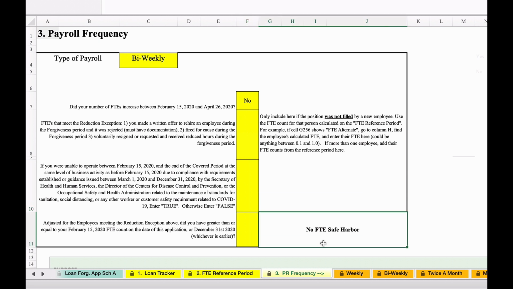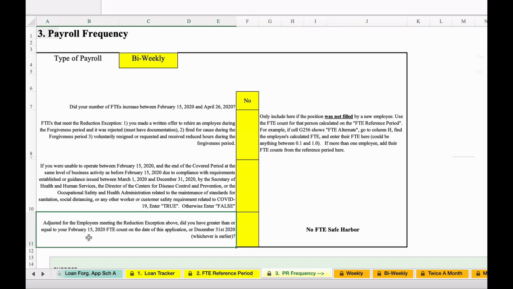What that means is you're going to have to look at the FTE change over that time frame. If you come out of this and you do get FTE safe harbor, you might want to look back and make sure you answered the questions on the EZ form correctly, because you might actually be able to use the EZ form.